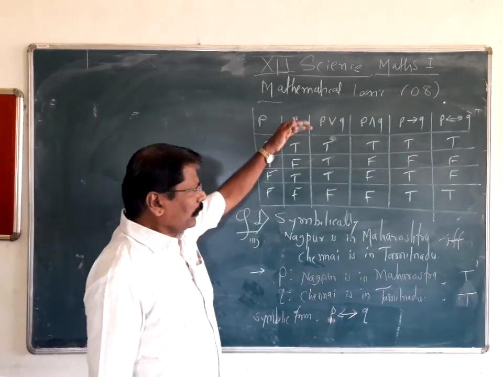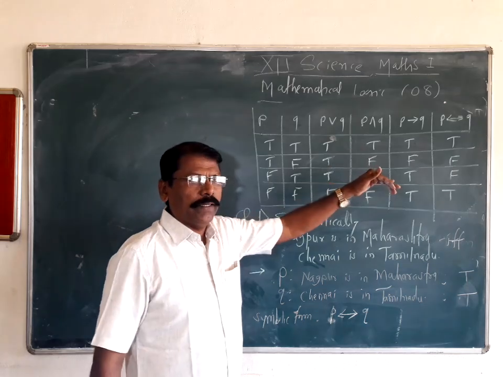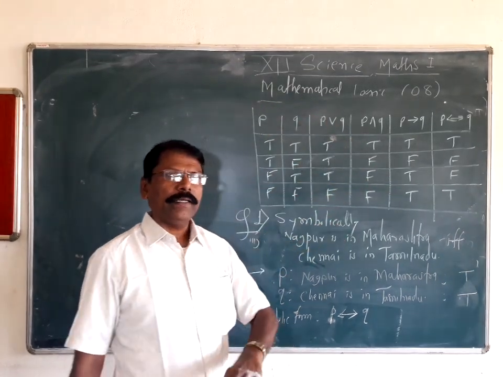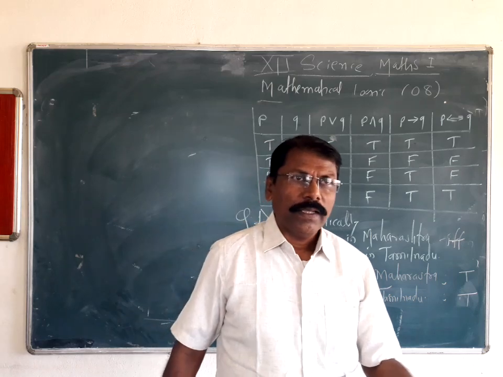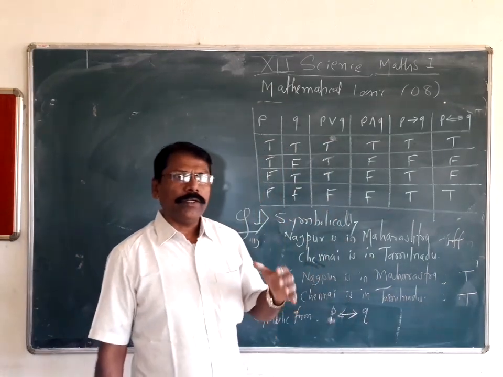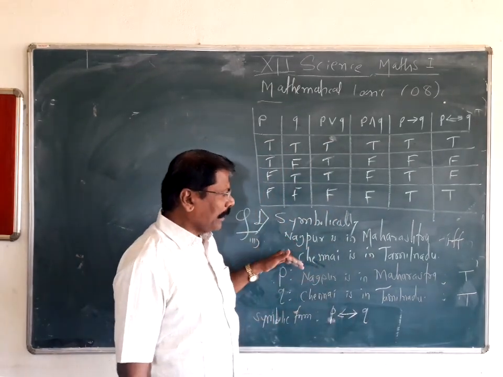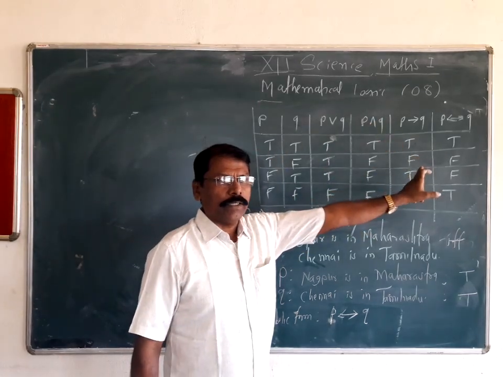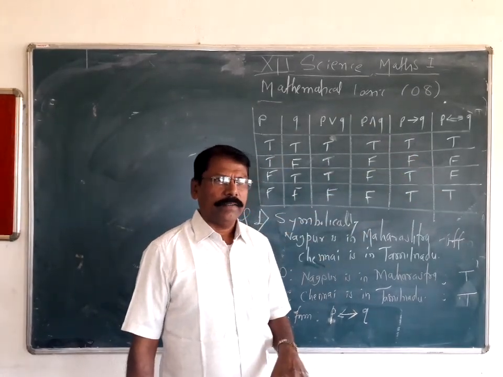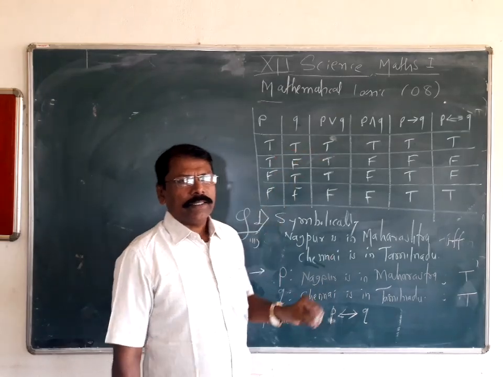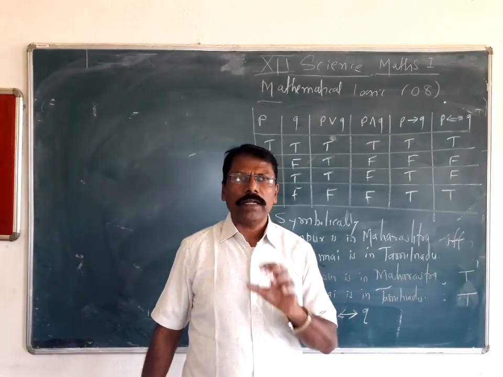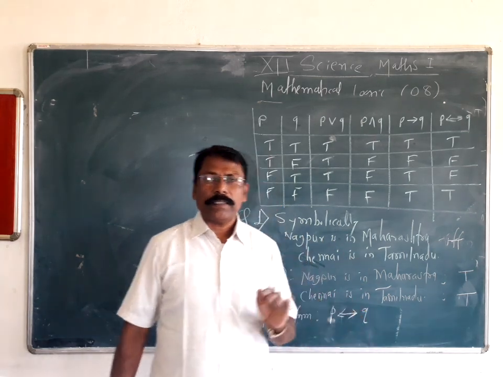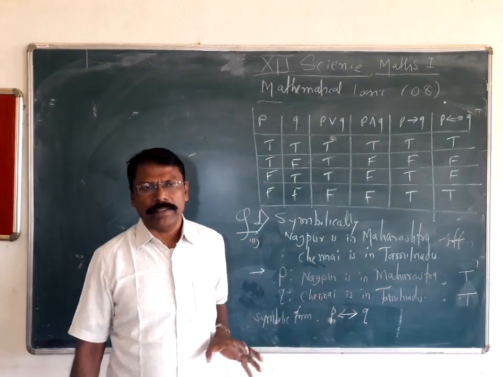So if you remember this truth table and the symbols, then every statement can be read easily in symbolic form, and if you know the truth values, you can write the truth values of the statement with the help of these two tables. These two tables are the key for the study of mathematical logic, especially statement patterns.